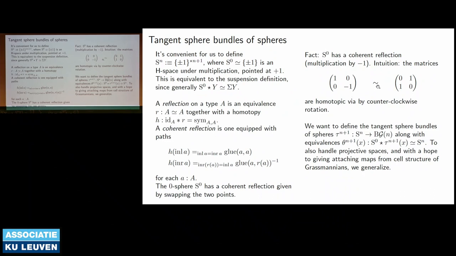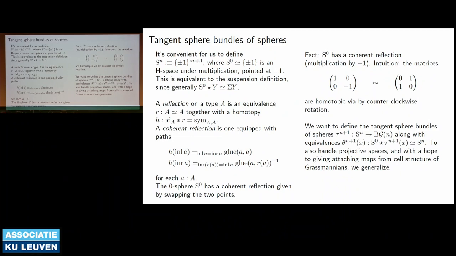So there's an intuition here over on the right. If you take S0, this has to have such a reflection, and it's given by multiplication by -1, so it swaps +1 and -1. And we want to know that on the circle, taking the reflection, let's see, the identity join -1 is the same as the symmetry.